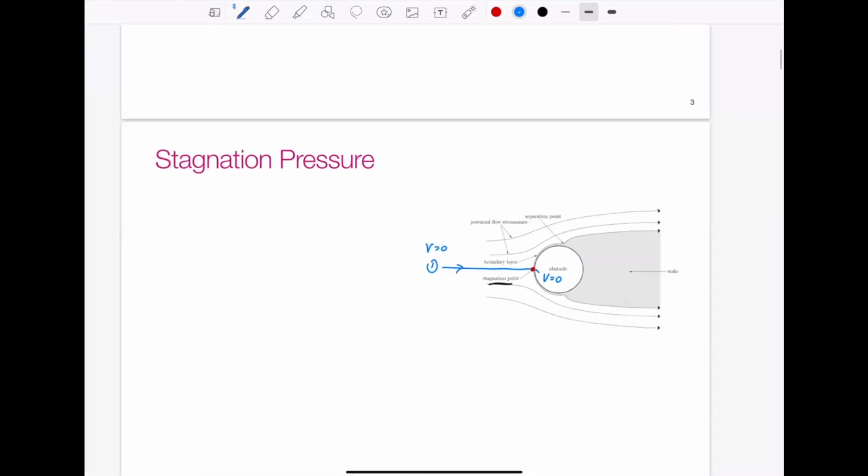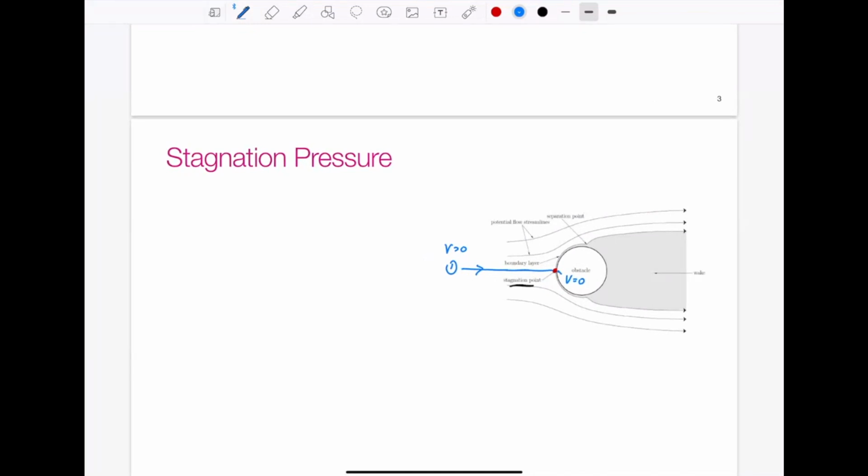So at point 1, we have velocity equal to v1 and pressure equal to p1.